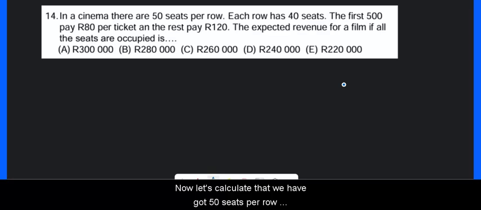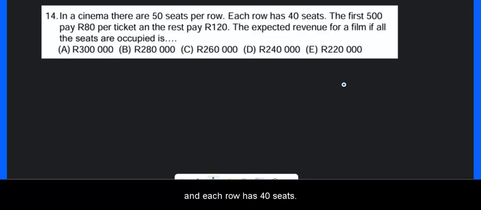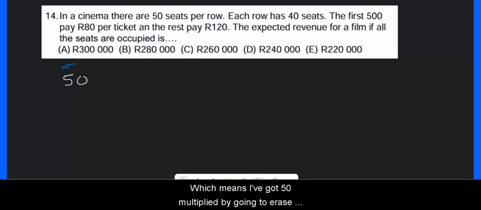We have got 50 seats per row, and each row has 40 seats. So which means I've got 50 multiplied by 40.